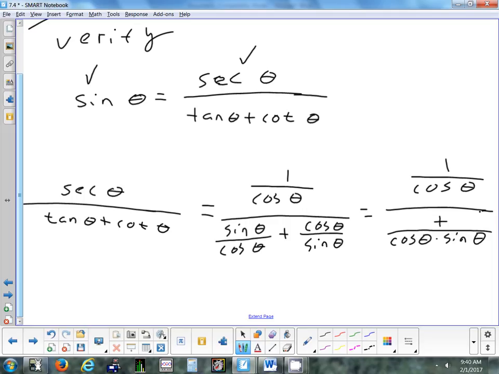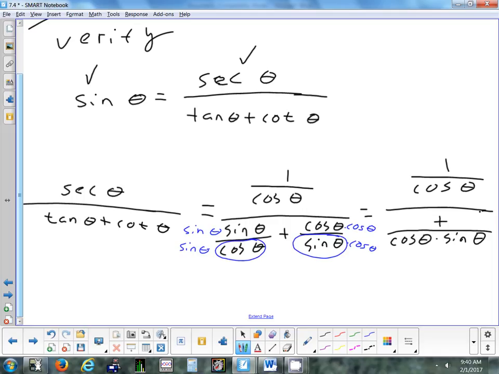Now, what is this denominator missing to make it the common denominator? It's missing a sine. So let's put in a sine. Now, what is this denominator missing? It's missing the cosine. So let's put in a cosine. And remember, whatever you do to the bottom, you have to do to the top.